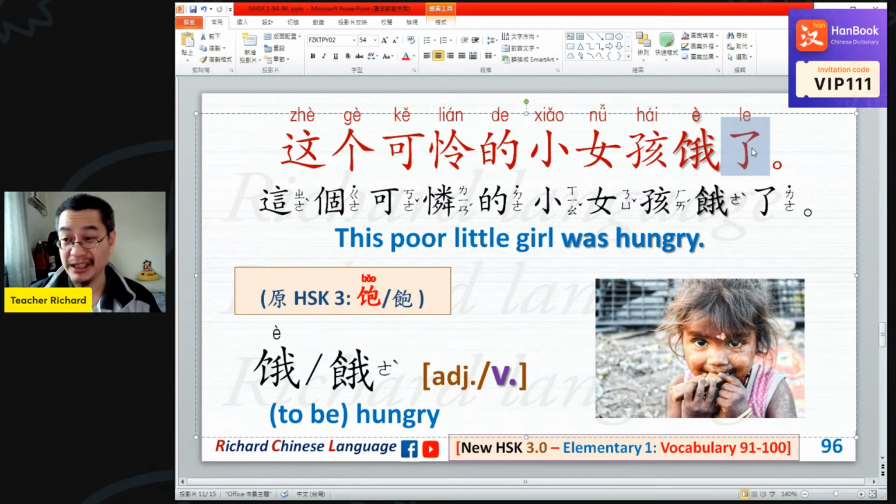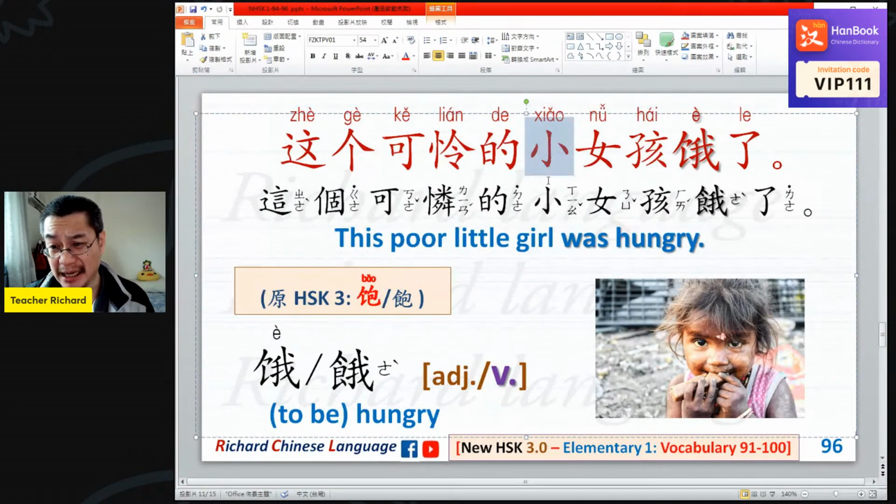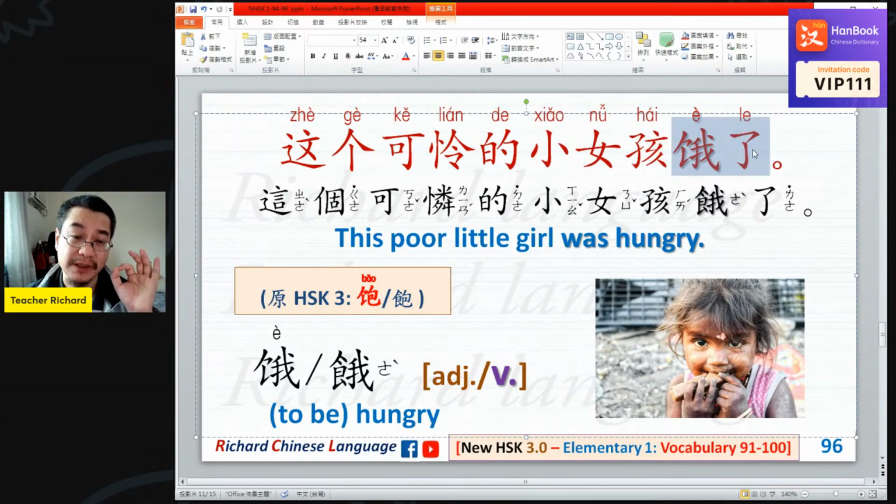You're hungry now. 这个可怜的小女孩饿了。这 means this. 个 is a measure word. 可怜的 means poor. 小 means little. 女孩 means girl. 小女孩, little girl. 小女孩饿了, the little girl was hungry.